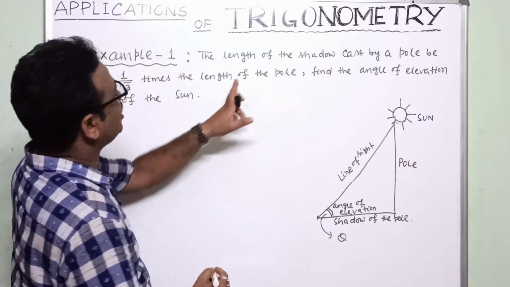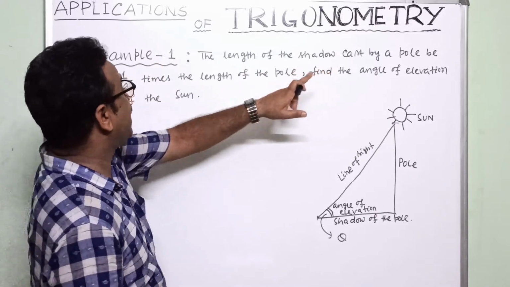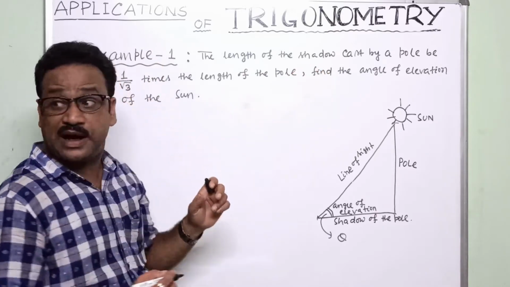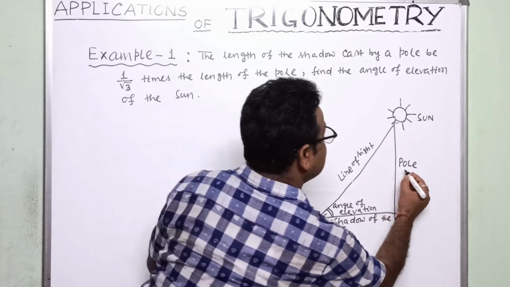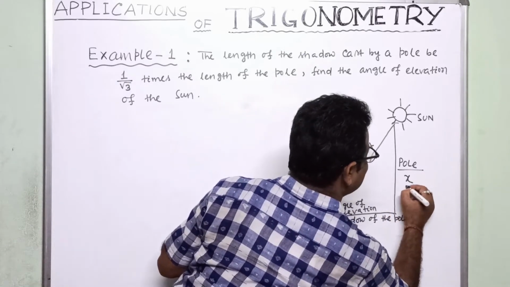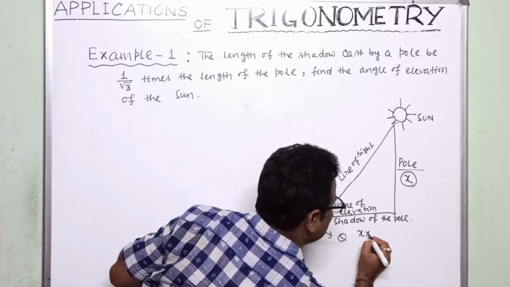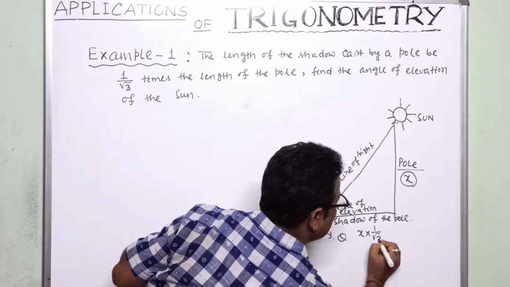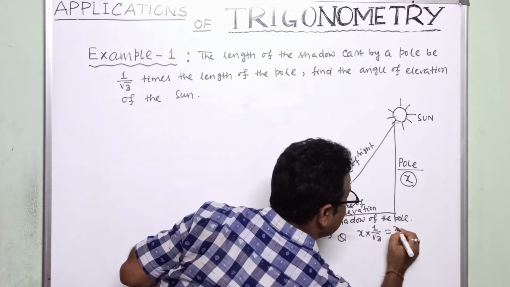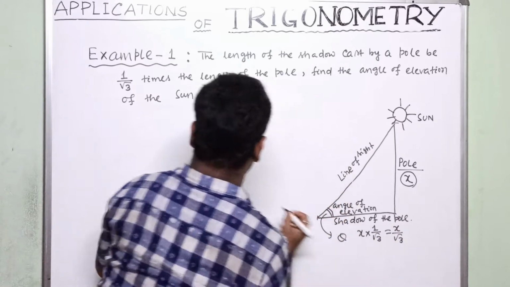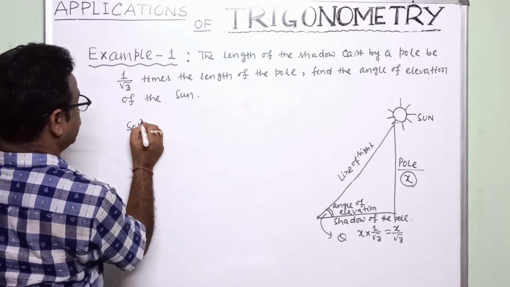So what is given? The length of the shadow cast by a pole is 1 by root 3 times the length of the pole. Let the pole be x. So x into 1 by root 3 is equal to x by root 3. Now solution.